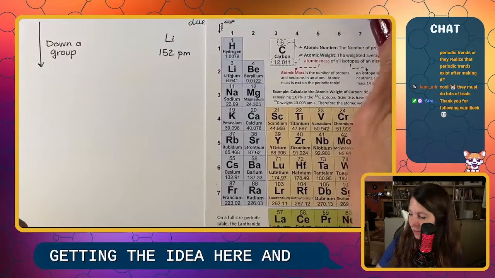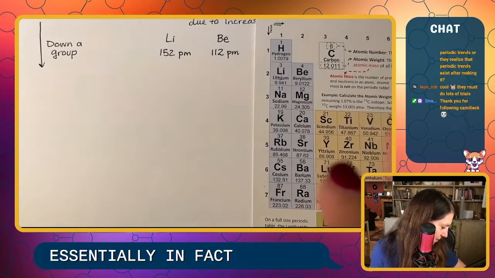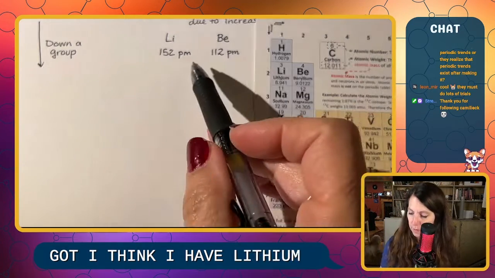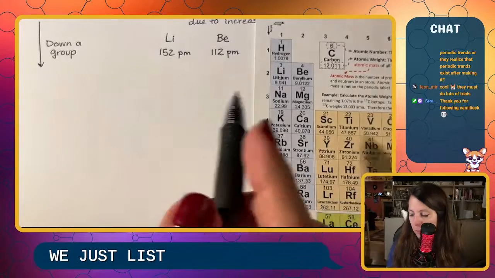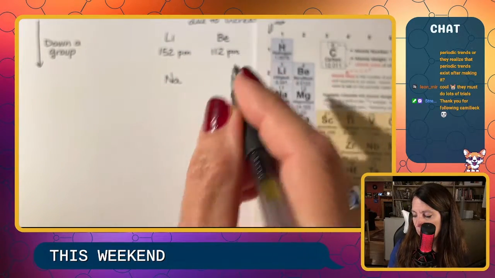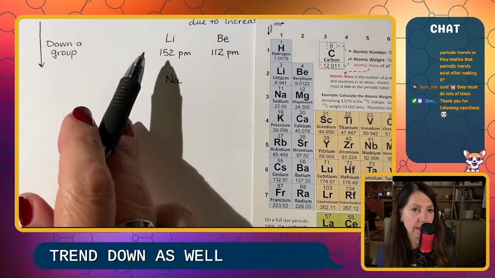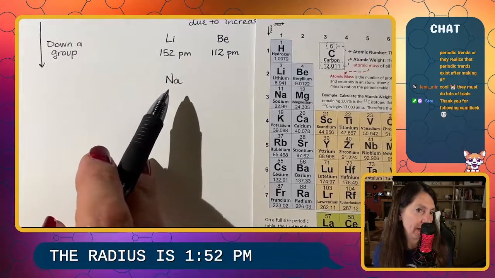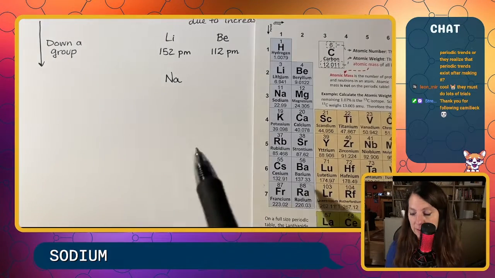And so essentially, I think I have lithium listed here. So why don't we just list sodium and potassium underneath here so we can follow our trend down as well. Lithium, the radius is 152 picometers, and sodium is 186.